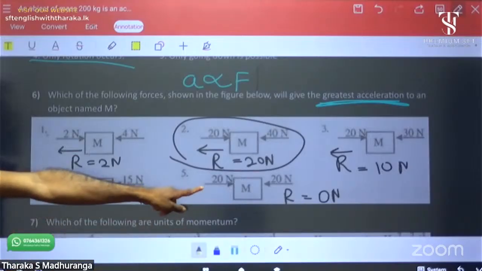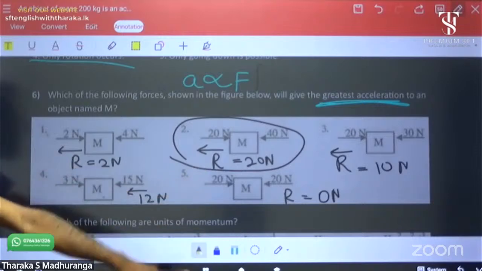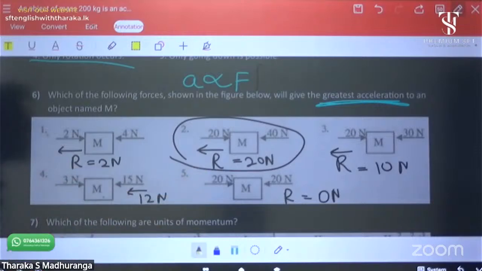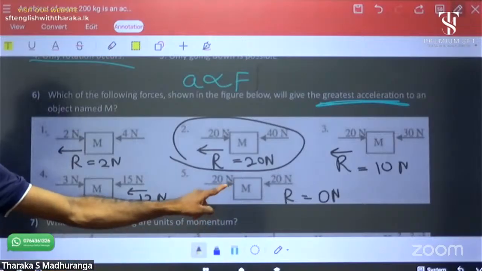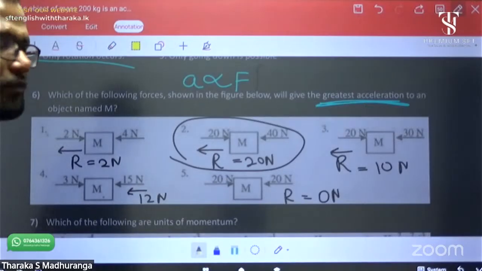Okay. Can anyone tell me about the final force system? What is the value of acceleration? Very good.